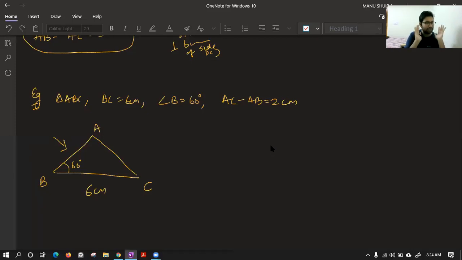Is it AB or AC? It is AB. And as per this difference, we can say the other side is larger. So we will make the angle, extend it downwards and cut the arc downwards.